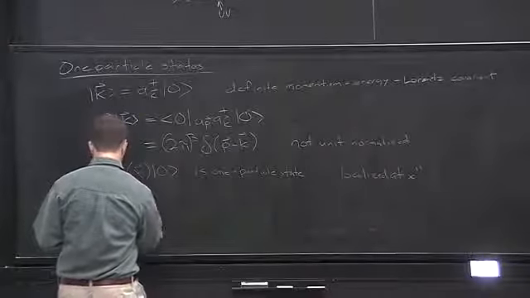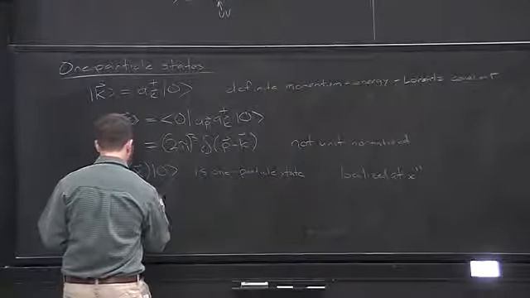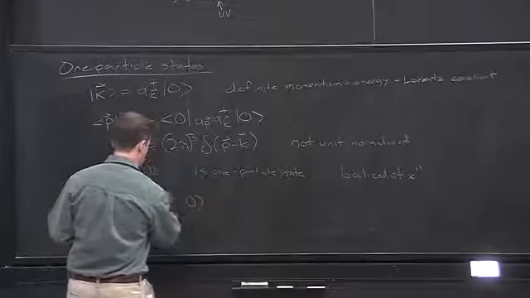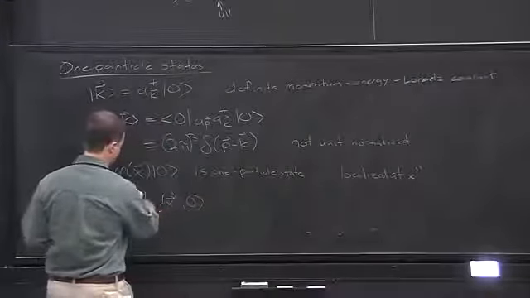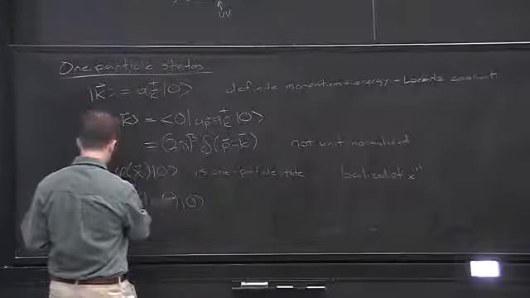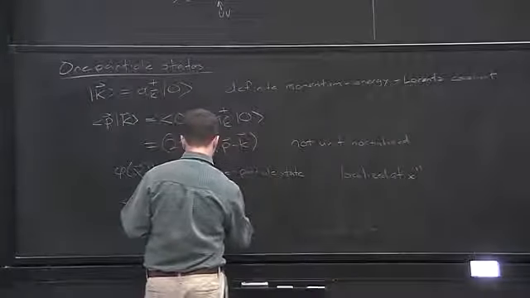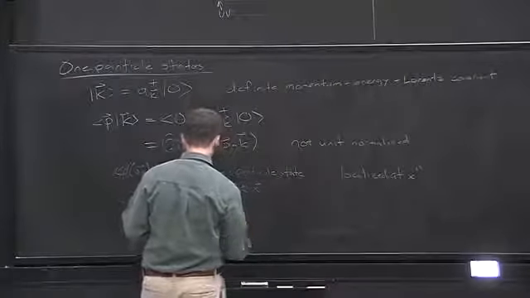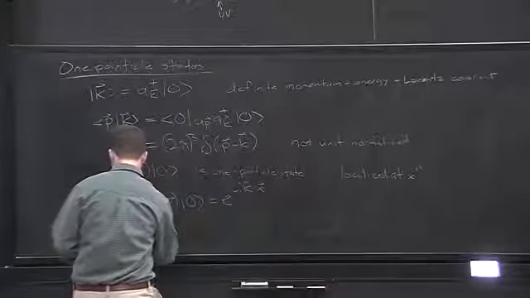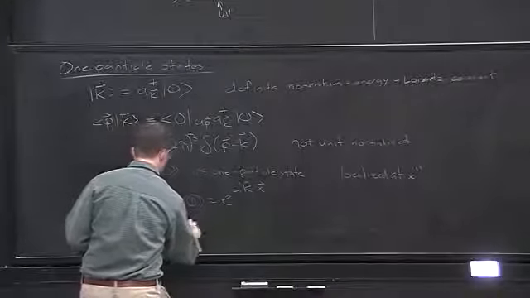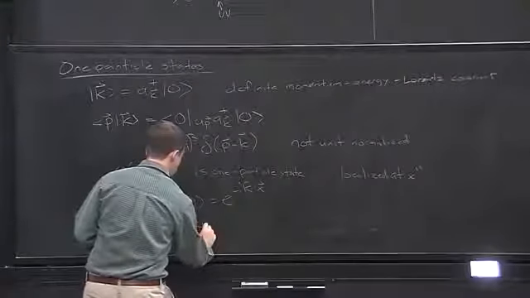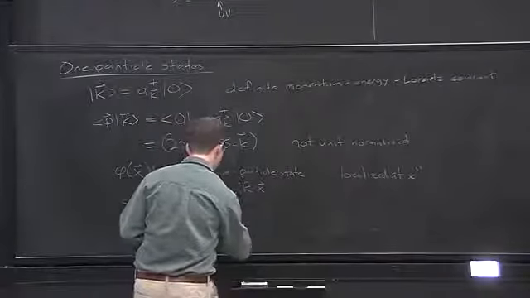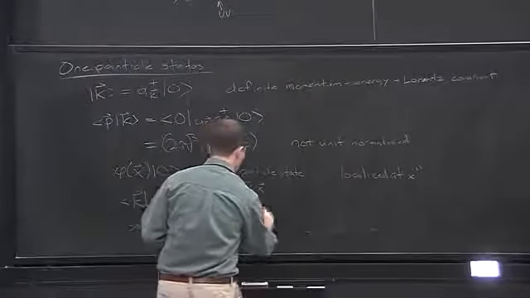If we compute the overlap of φ(x) acting on the vacuum with the state |k⟩, we get e^(-ik·x), which is the same as you would get if you took the overlap of a momentum eigenstate and a position eigenstate in quantum mechanics.